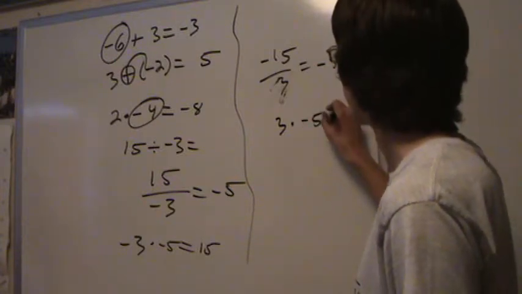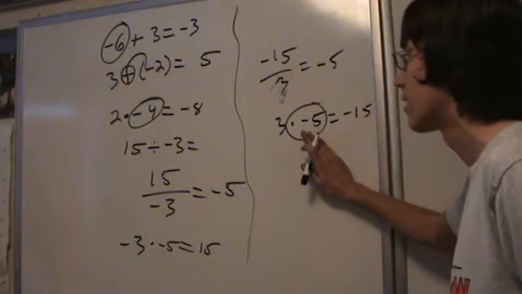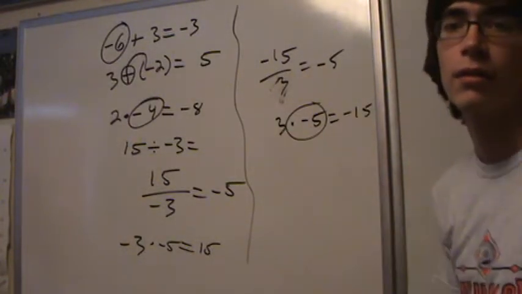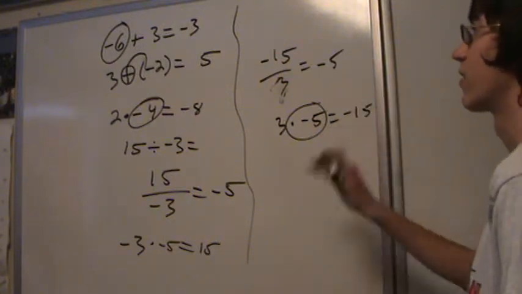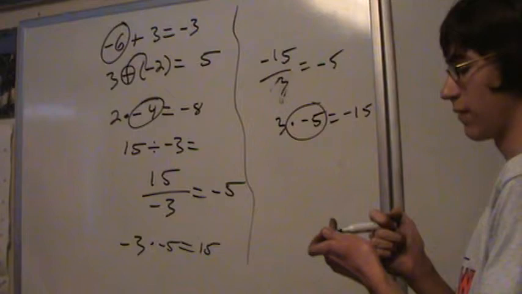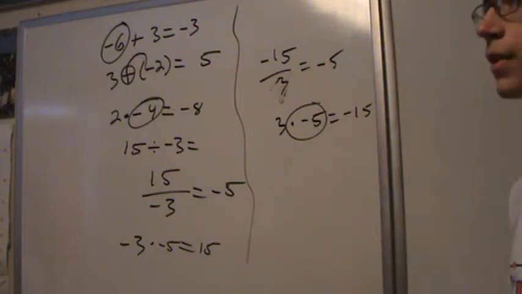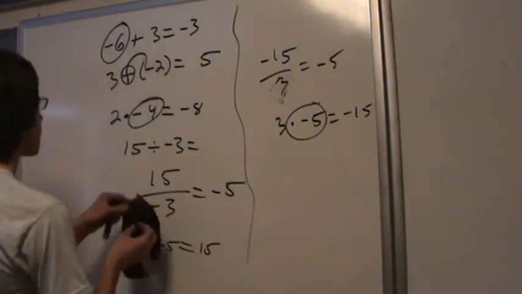So 3 times negative 5 gives us negative 15 because the biggest one is negative. In multiplication, if it's negative, negatives tend to be the overall dictators in this case.